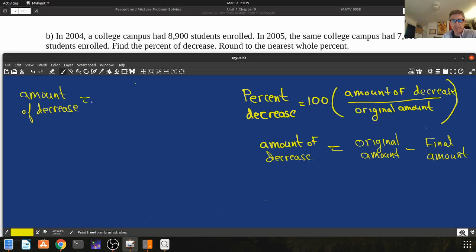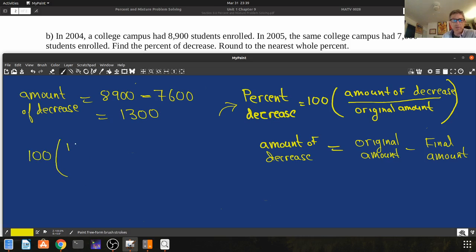And the amount of decrease is the original amount, which is 8,900 students, minus the final amount, which was 7,600. And that's actually equal to a 1,300 student decrease.